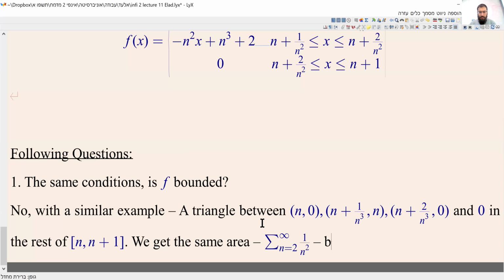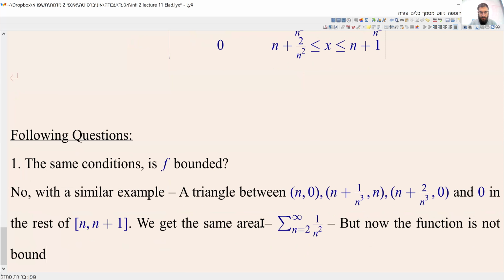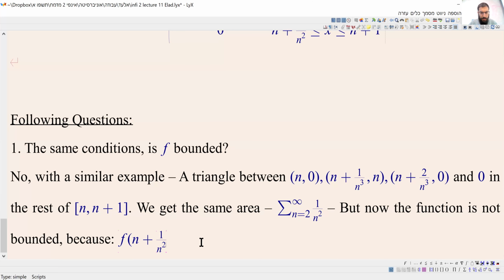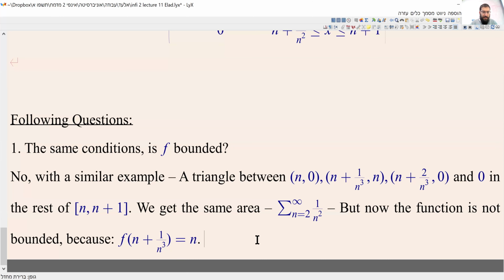But now the function is not bounded because the value of f at the points of n plus 1 above n cubed is n, which goes to infinity. And not just 1, as in the first example, but a bit of adaptation, and we get our nice counterexample.